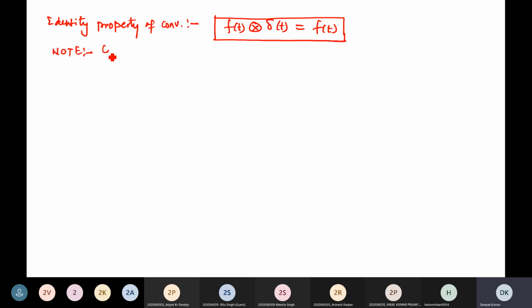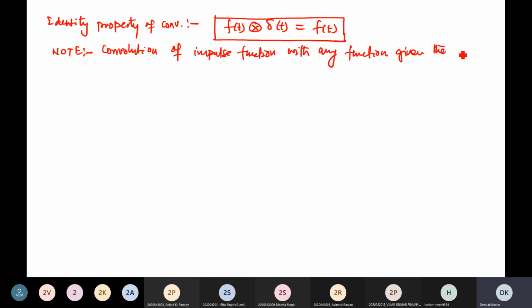Convolution of the impulse function with any function gives the same function or signal. This is one of the very important properties. You can prove this property also, a very simple proof.